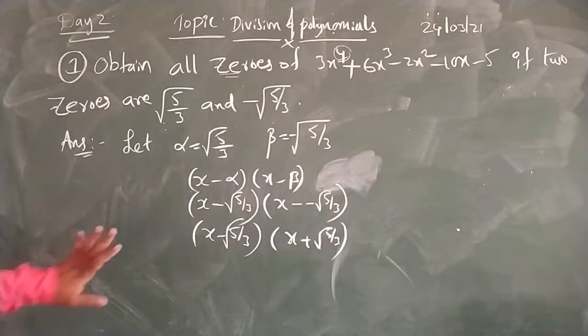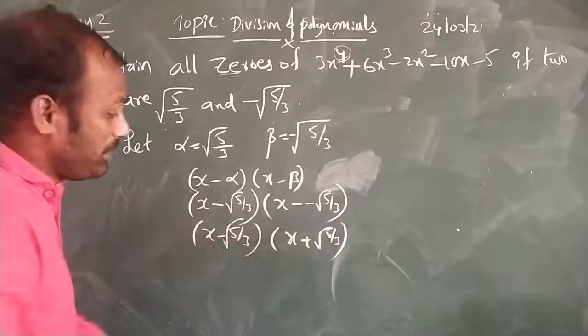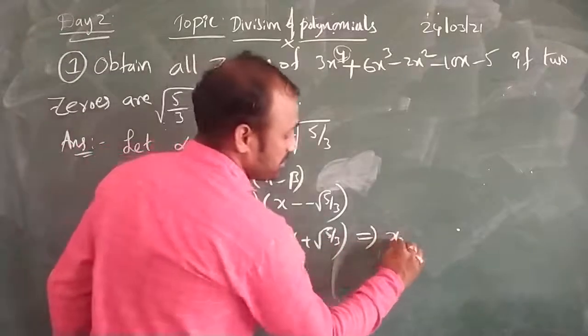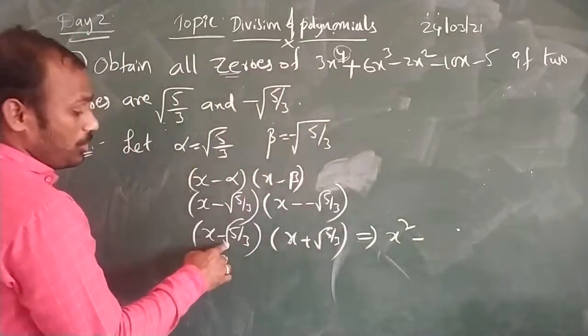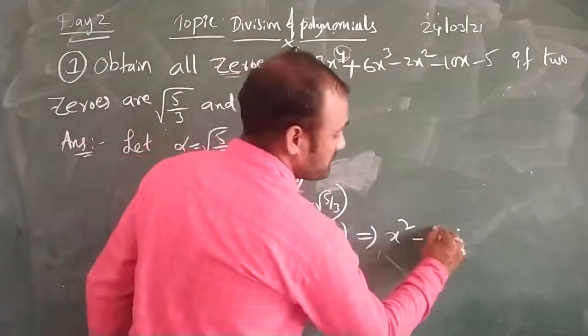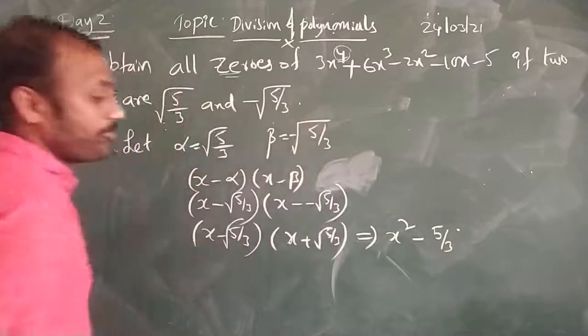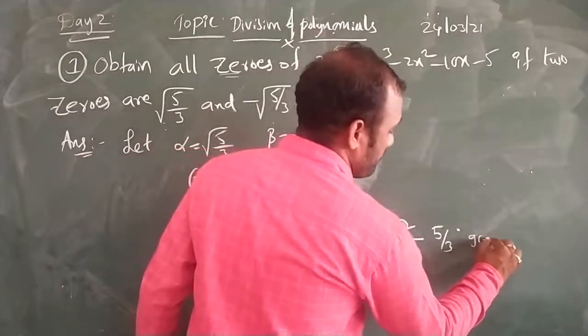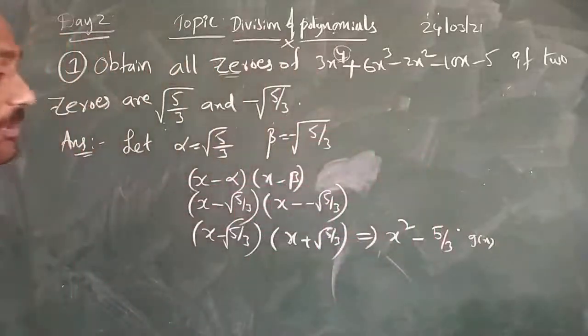So here it is in the form of a minus b into a plus b, which can be written as a square minus b square. So the answer is x square minus root square, that is, x square minus 5 by 3. Now this will be our g of x, and we will divide the given polynomial by this g of x.